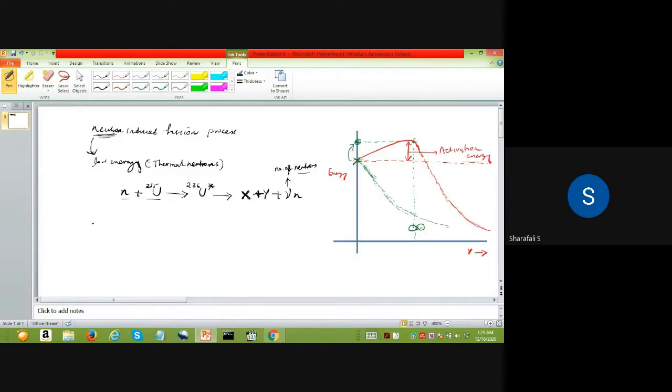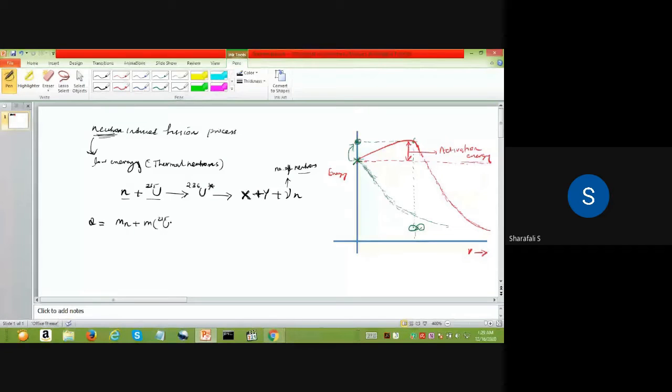the Q value will be equal to the energy of the parent nucleus plus that neutron. So that will be, let's say, m_n, the neutron mass, plus the mass of uranium 235.